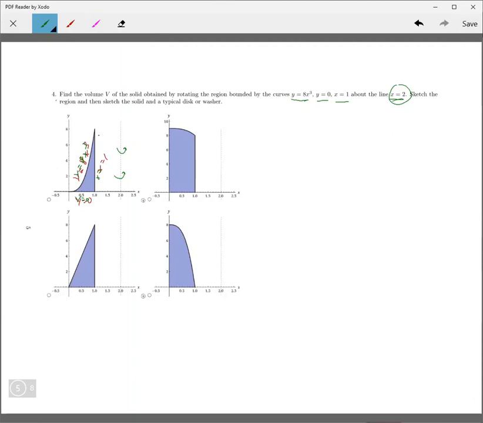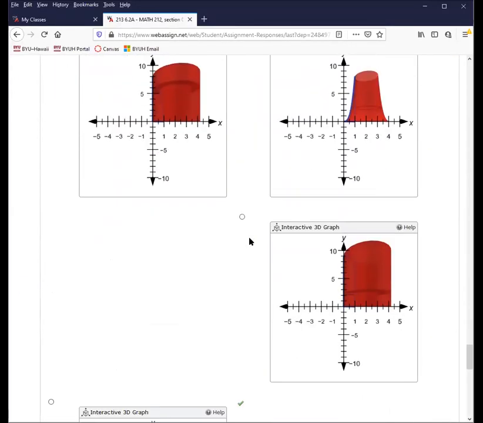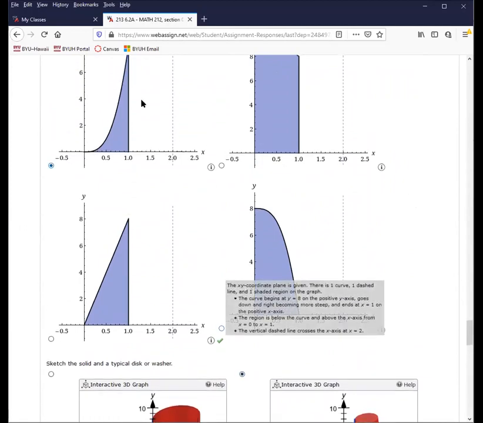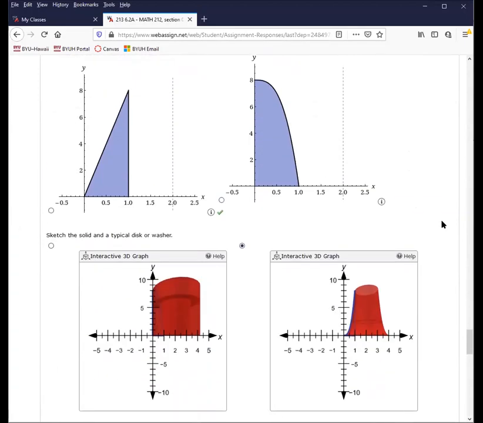Okay, so let's hop over to WebAssign and take a look at what's going on there. Here we have this as the answer to the first part, and that's being rotated this way.